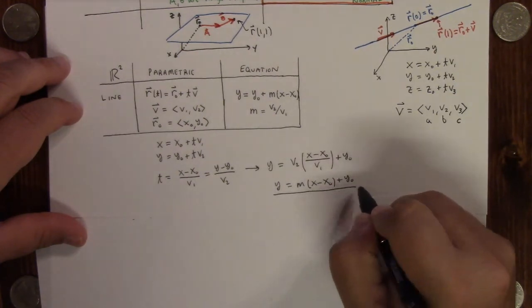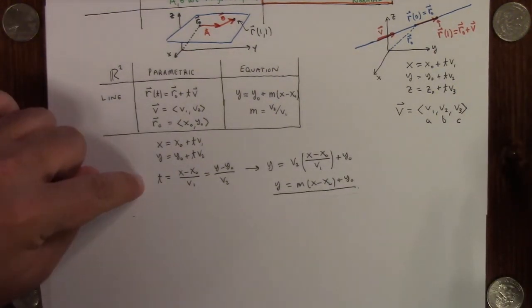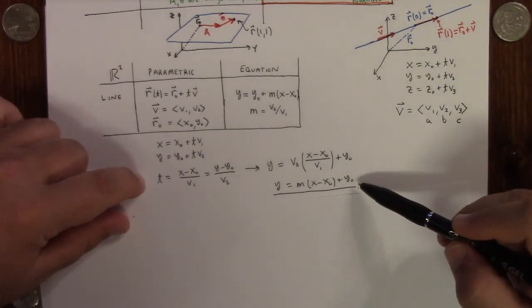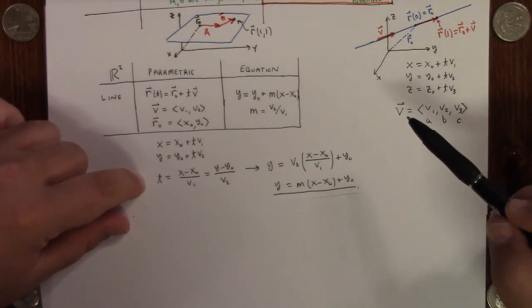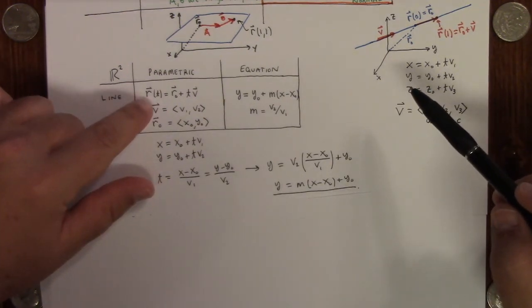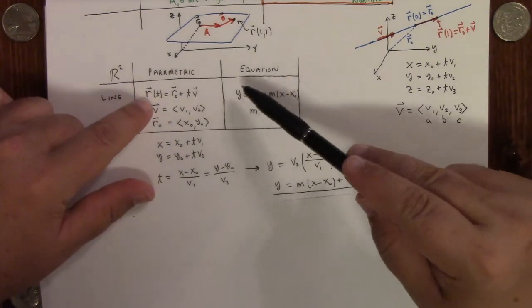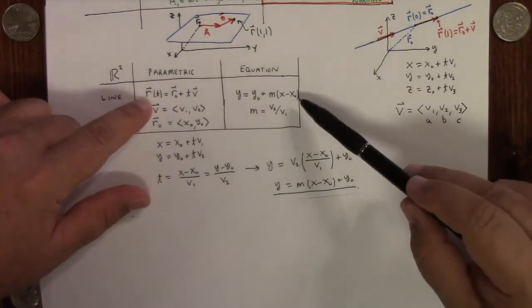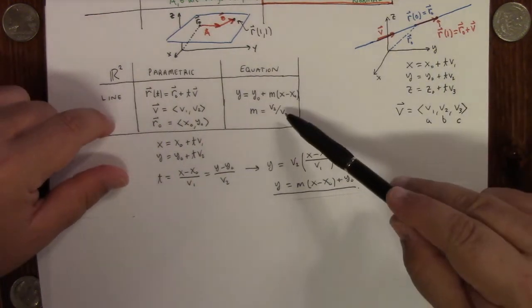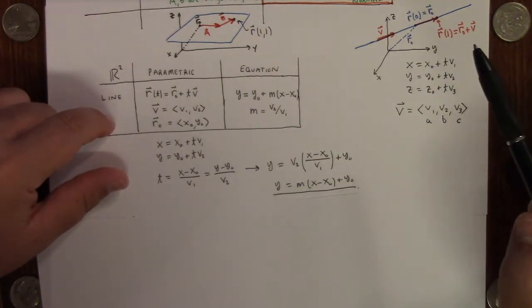So there you go. That's how we can get from the parametric equations for a line to the so-called Cartesian equation for the line. But again, this is still more general because this allows for vertical lines, whereas this formulation can only deal with lines that are not vertical. Vertical being the case that v1 is 0.